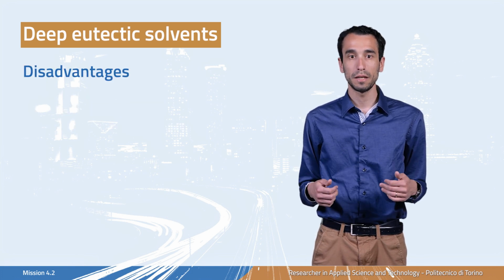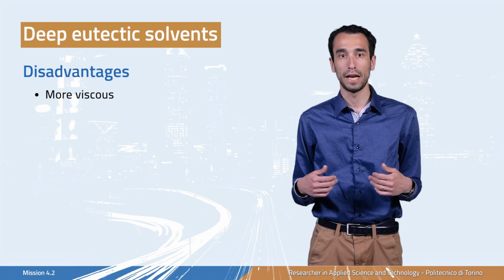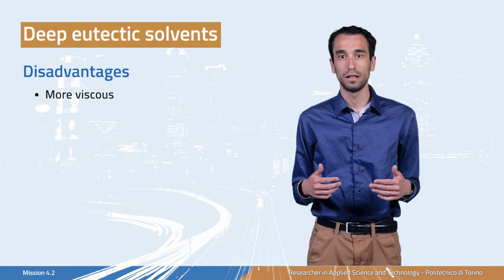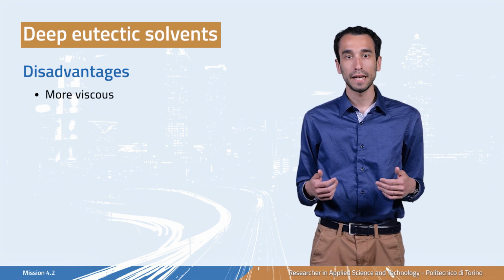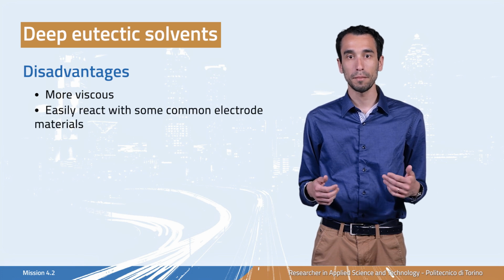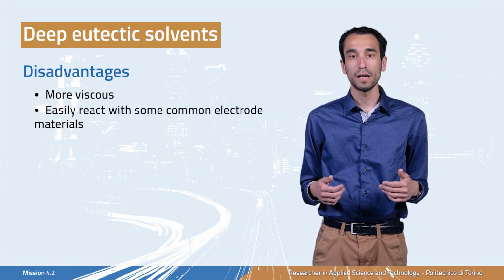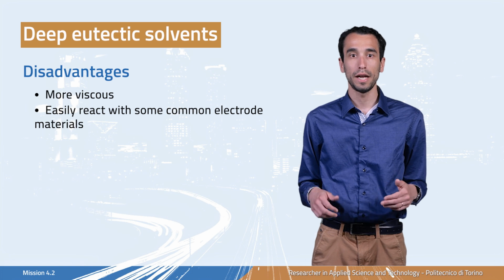However, they are typically more viscous than conventional electrolytes, thus affecting the ion mobility, and they can easily react with some common electrode materials, so further research is needed to enhance their compatibility.